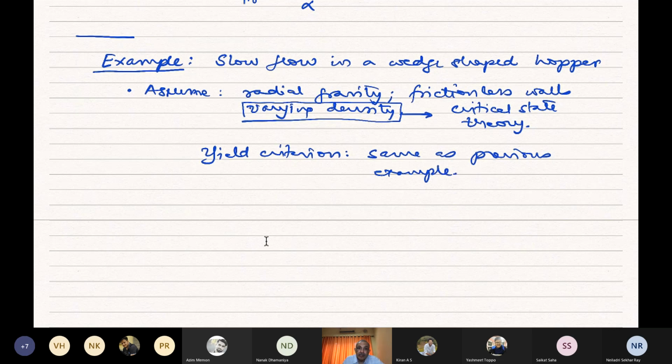So we'll use that same yield condition, and then what we'll see is how we can actually simplify all the equations, including the coaxiality condition, the flow rule, and so forth, for this problem, and how we can come up with enough equations to be able to get a solution for the problem. Okay, so we'll do that in the next class.